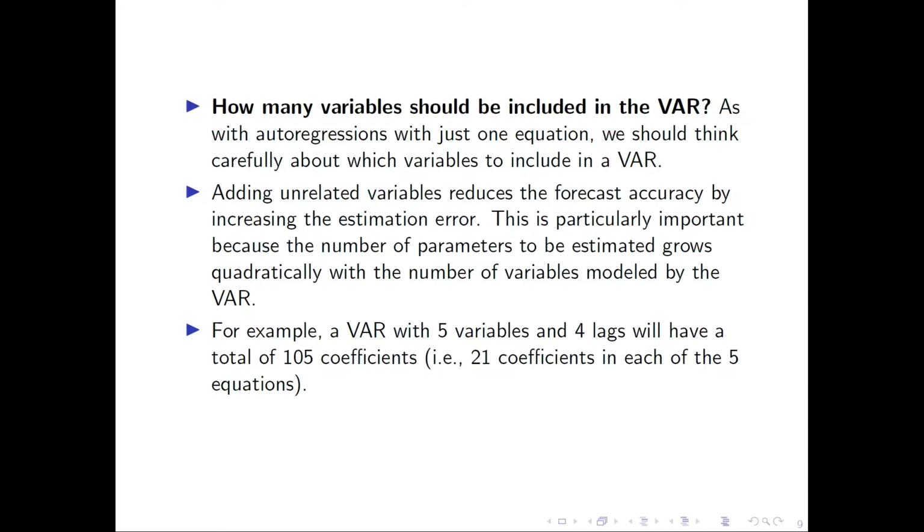One of the major problems with vector autoregressive models is deciding which time series or variables should be included in the model. Because if you include too many variables, then you increase the estimation error if those variables are not related to the others, if the included variable is not relevant for explaining the other variables.